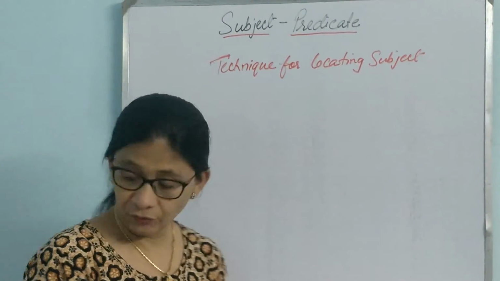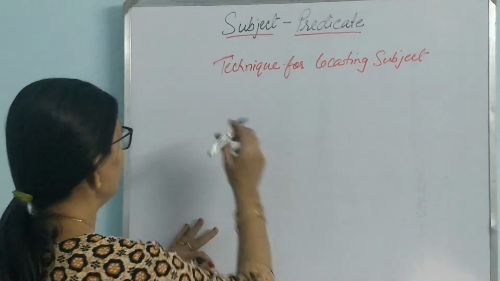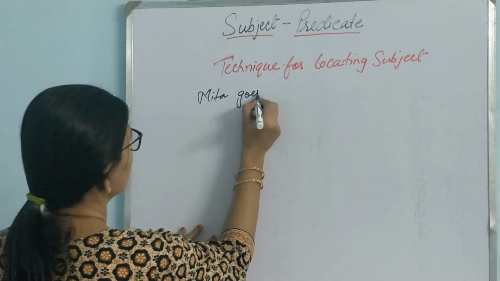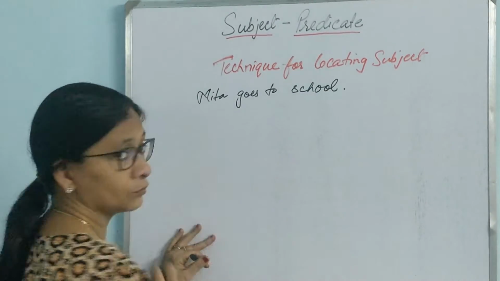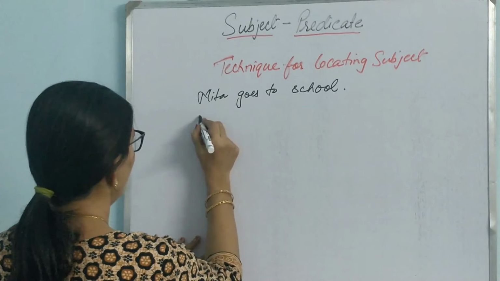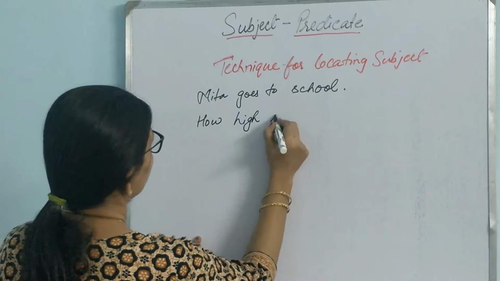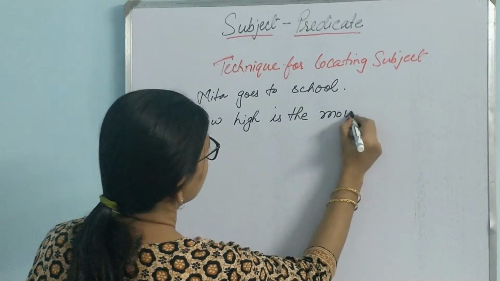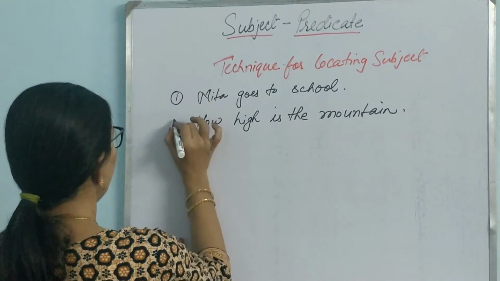Now, what do we have to do? Let us see. Let's take a sentence. Meeta goes to school. And one more. How high is the mountain? So let us take these two sentences.